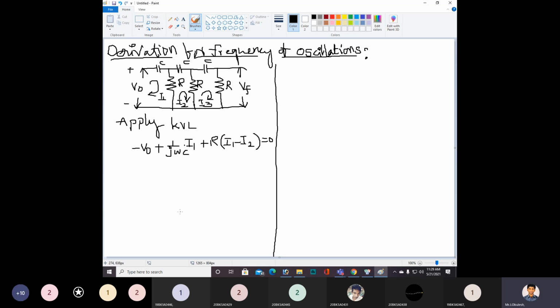Okay, now simplify the expression. This is for the first loop.